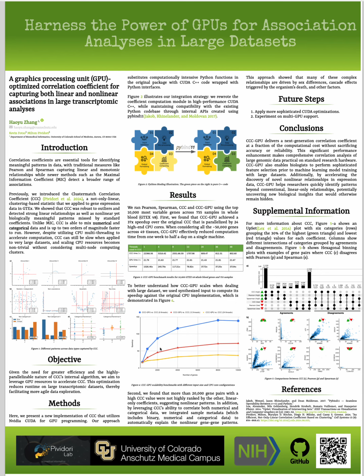For example, if you take a look at this blue curve, that means we benchmarked CCC GPU against CCC using only 6 threads. And it achieved like 140x speed up when the input size is 8,000 genes, right?